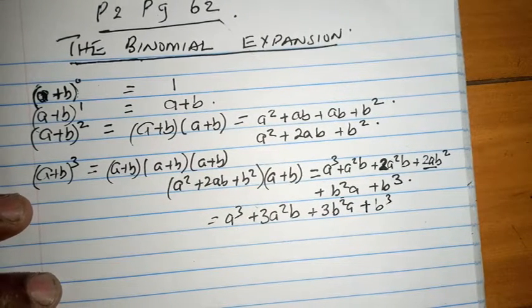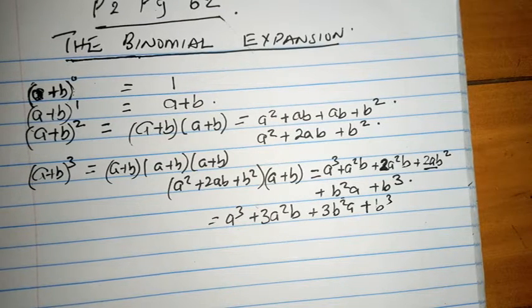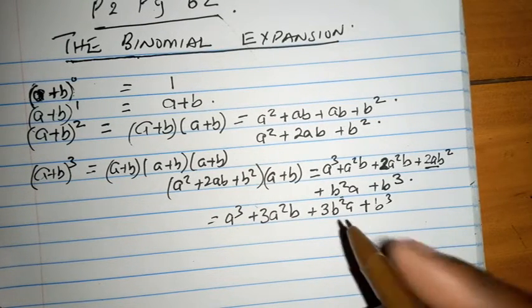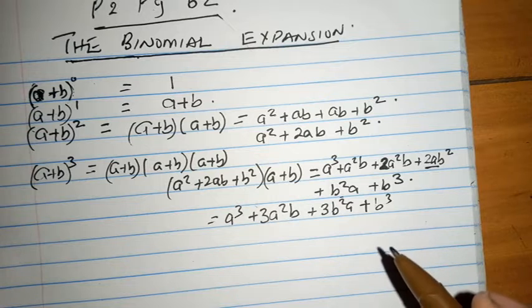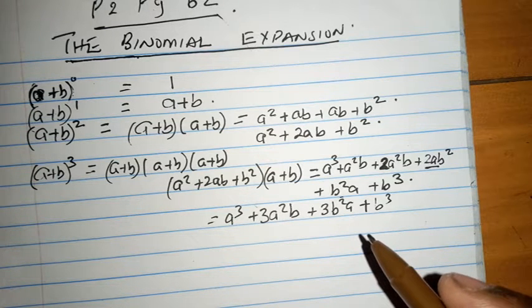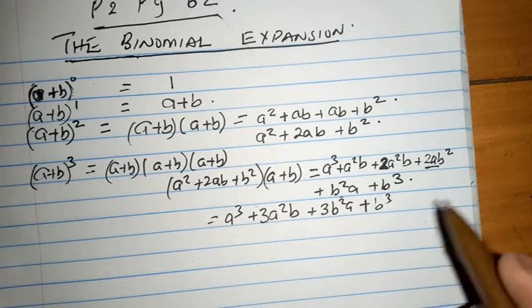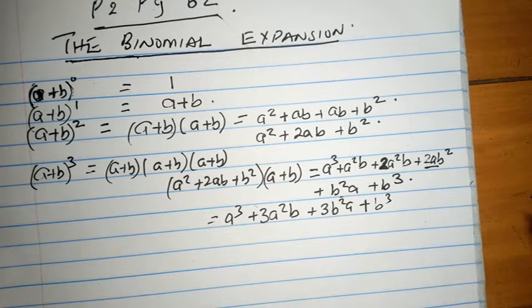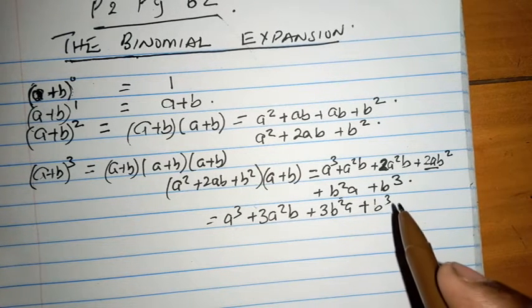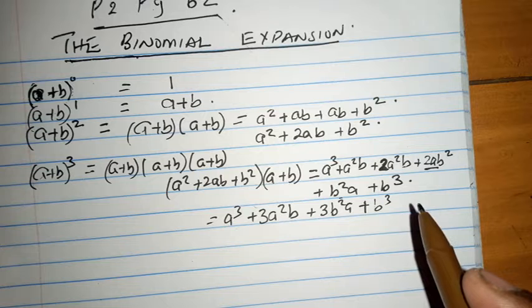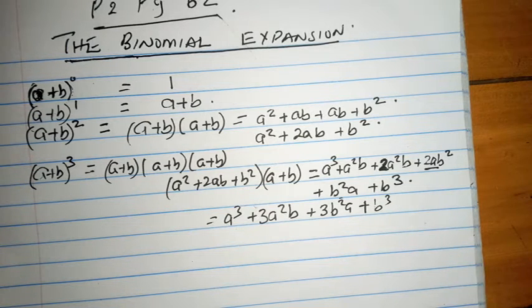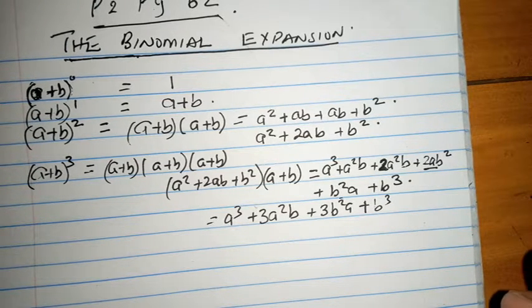You can see the amount of time and space I'm spending expanding these expressions. But one thing I want us to look at is how to save time when we start using what we call Pascal's triangle.